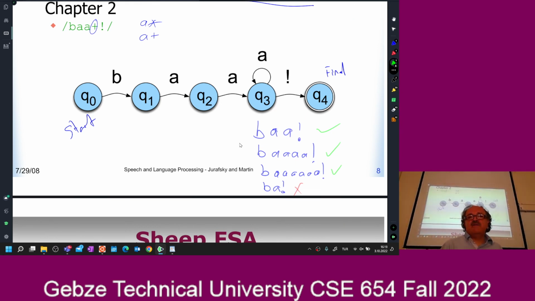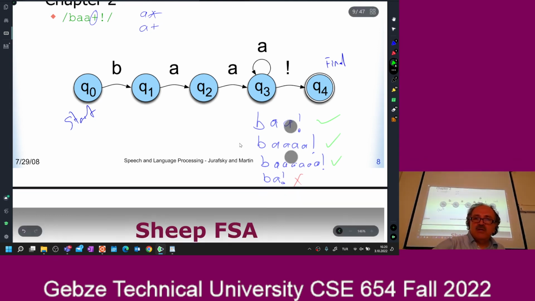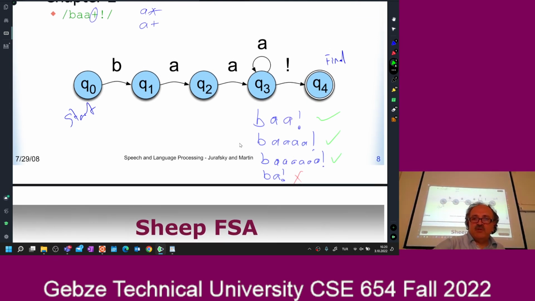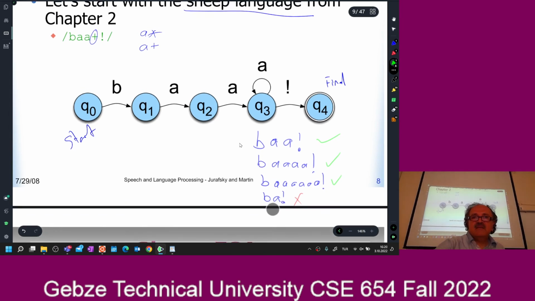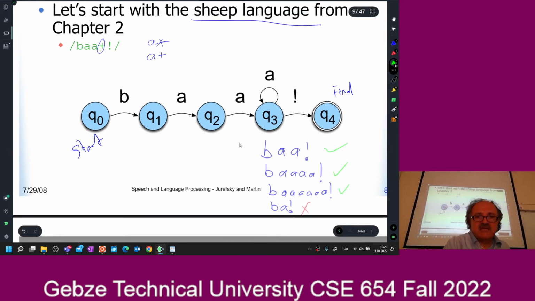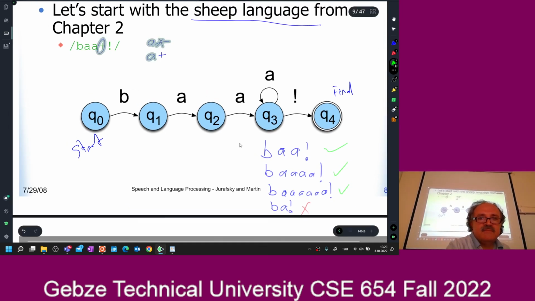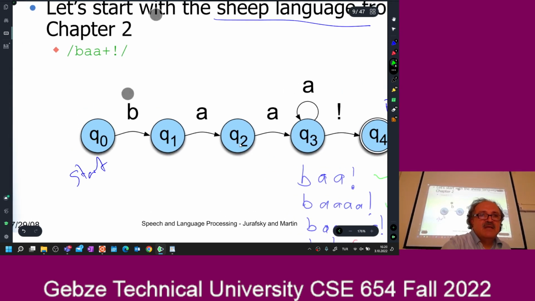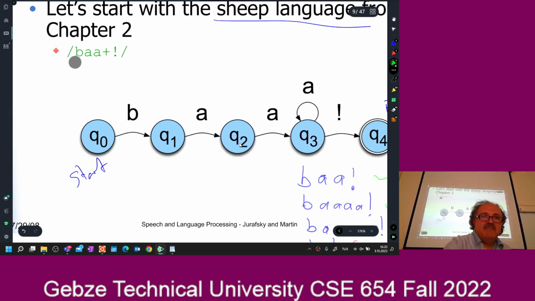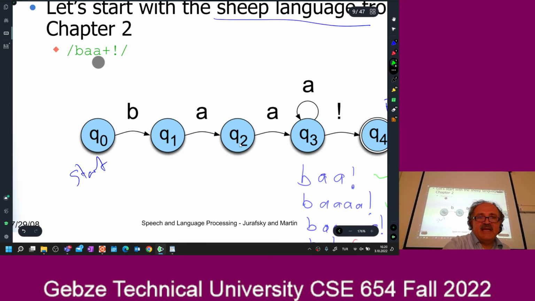So how am I going to write a function that will say these are all recognized sheep words, but this is not? The answer is, in this case, this regular expression. It says always start with a B, then an A and another A, at least two A's.